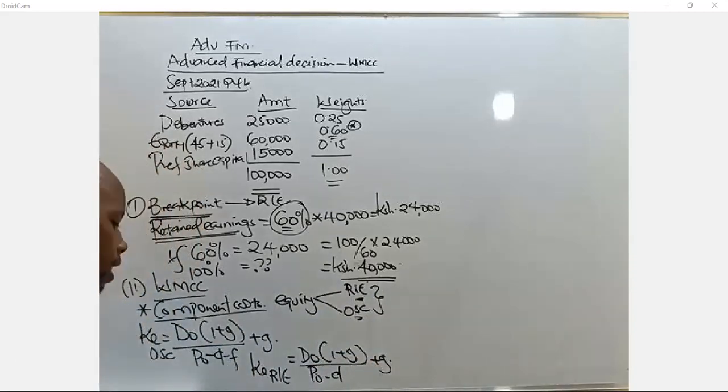It means that the cost of equity for the retained earnings is not affected by the flotation. The flotation is a cost incurred by companies for issuing shares to the public. But we are not going to be issuing the retained earnings. So that is why we are saying the market value for the retained earnings is not affected by the flotation cost. Let us go back to the question and see whether we can get both.